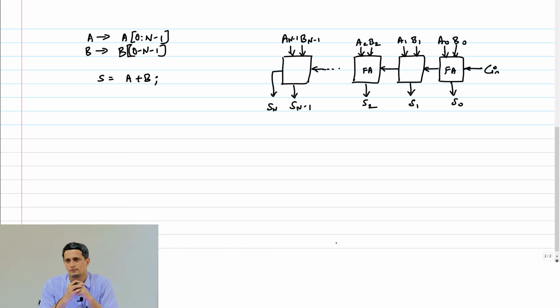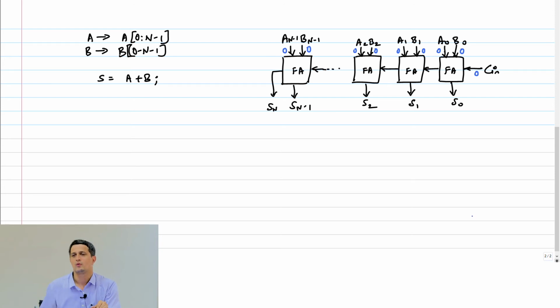So what's the arrival time of all the n bits, A and B? They are all 0. So the key thing is all the n bits arrive at the same time. They are all available at time 0. Carry in also, let's assume it's available at 0.